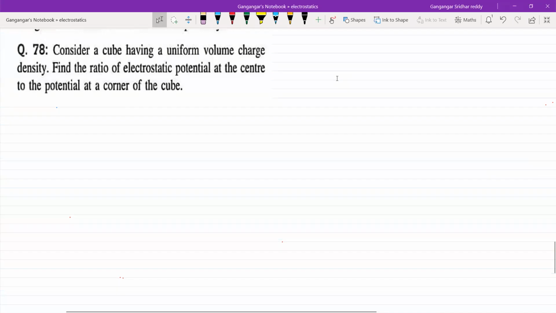Consider a cube having uniform volume charge density. I'll highlight this. I think this is the first time you have come across volume charge density, or second time. Already with the solid hemisphere, there you came across. They're asking to find the ratio of electric potential at the center to the potential at the corner of a cube.